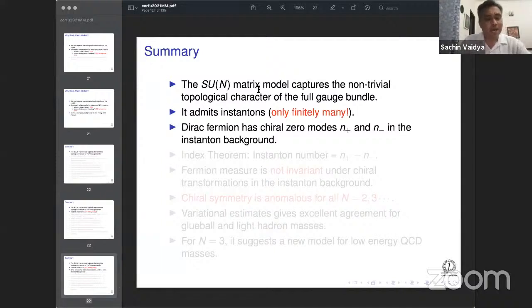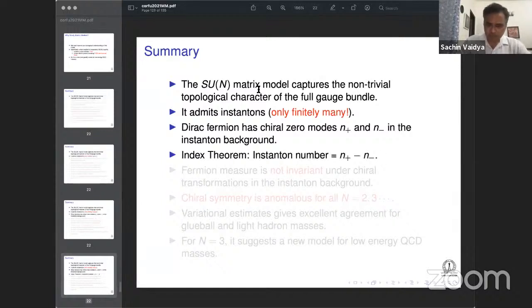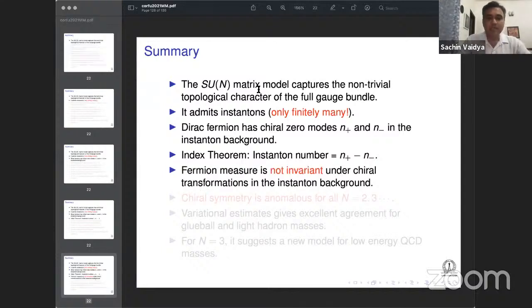You can couple the Dirac fermion, and in the instanton background, the Dirac fermion has chiral zero modes, n plus of them with plus chirality and n minus with the opposite chirality. You find that there is an index theorem which tells you that the instanton number is equal to the Dirac index. And you can show that under a chiral transformation, the fermion measure is not invariant.